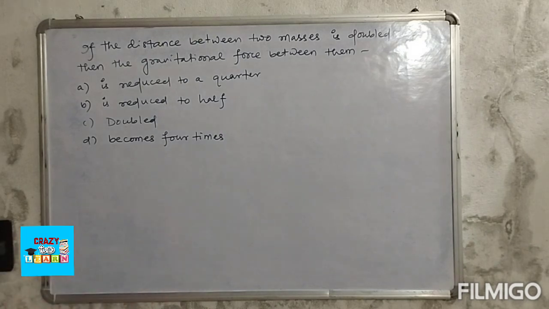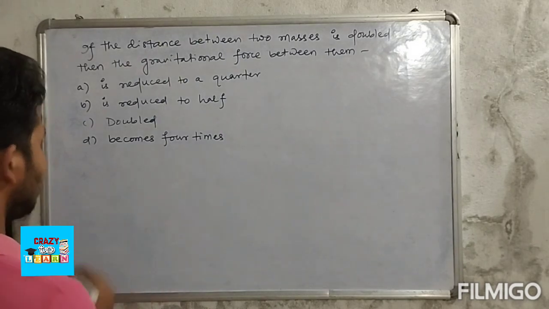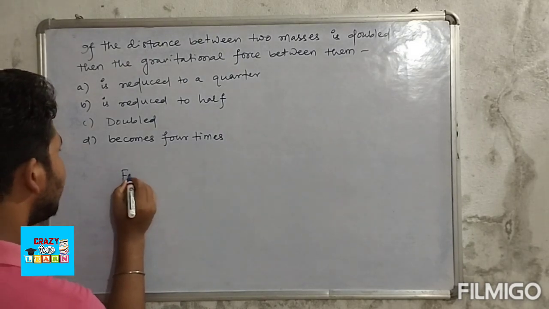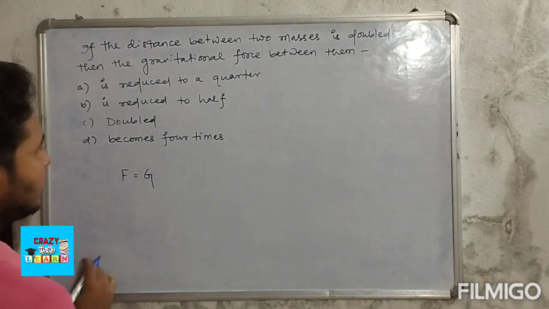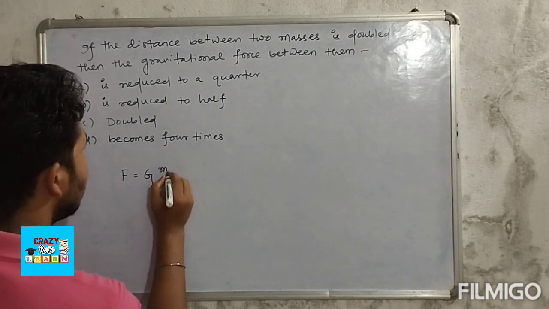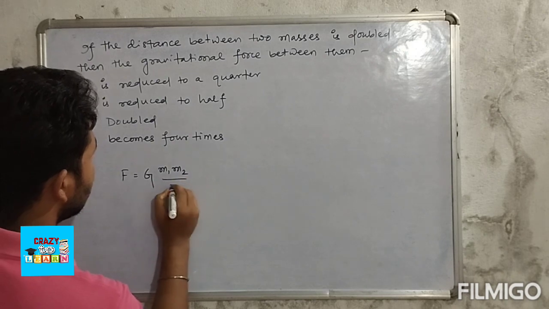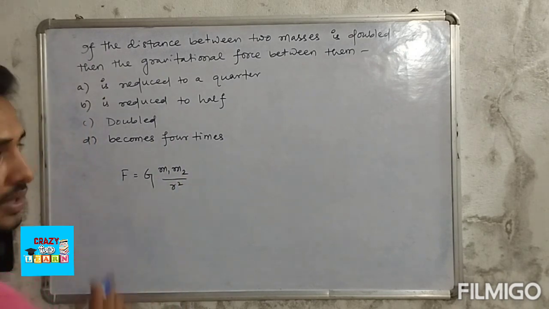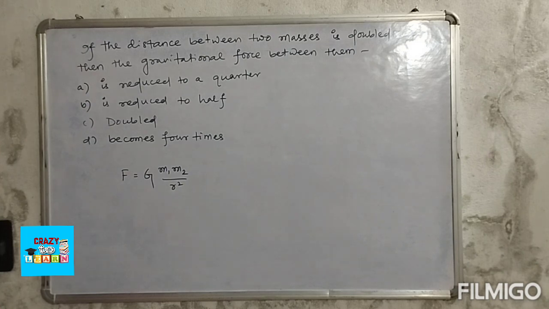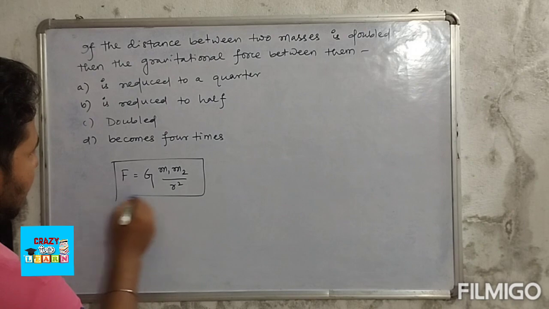We know that the formula for the gravitational force F is equal to capital G m1 m2 by r square. m1 and m2 are the two masses, r is the distance between the two masses, capital G is the universal gravitational constant, and F is the gravitational force.